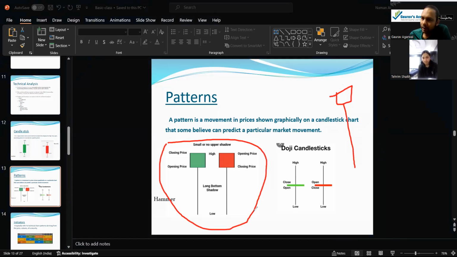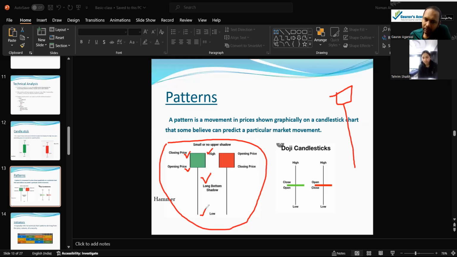This hammer has four prices, right? As I told you yesterday, every candle has four prices: open price, high price, low price, and close price. So this hammer also has the high price, the low price, the open price, and the closing price. There could be different colors of hammer.